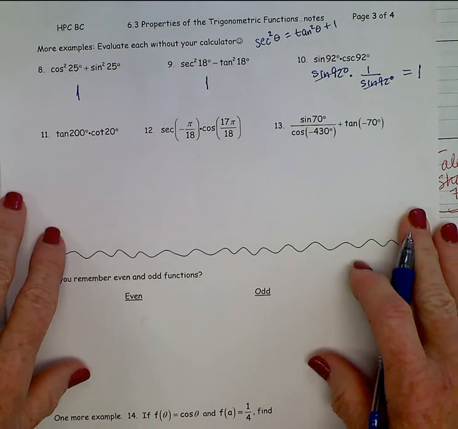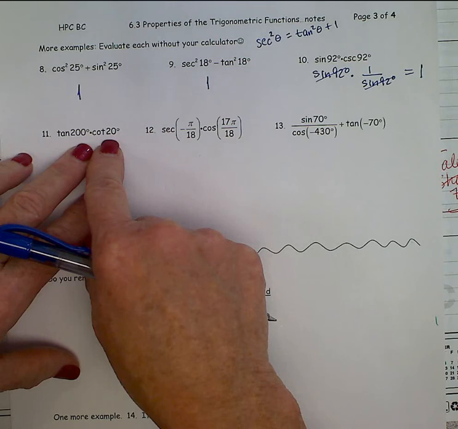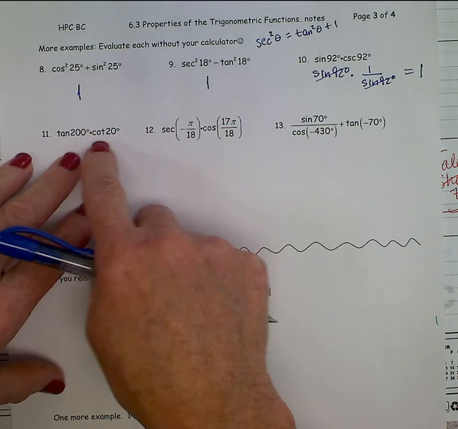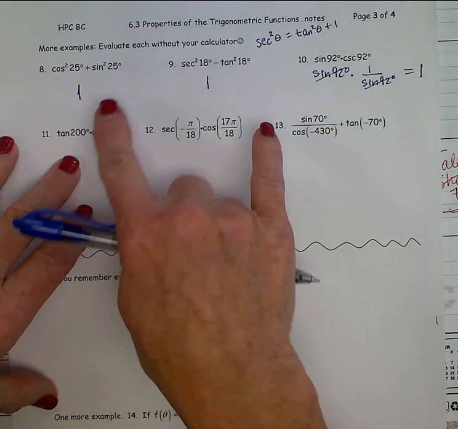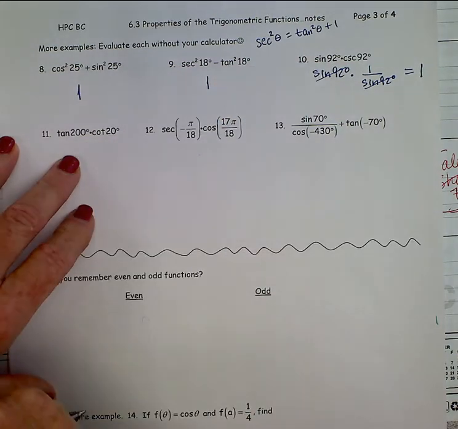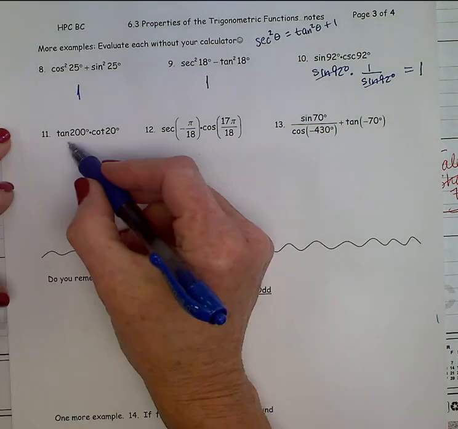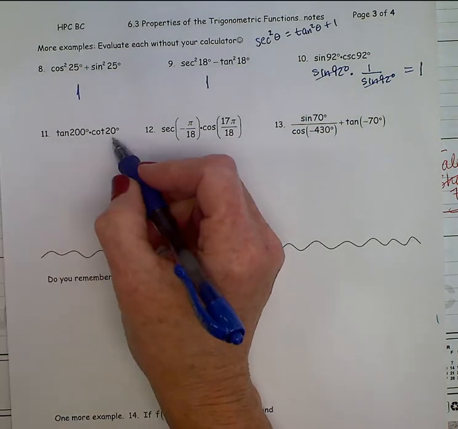All right, how about this one? Tangent of 200 times the cotangent of 20. Now this one's different because the other 3, we had the same angle every time. So what we want to do is get these to be exactly the same angle.